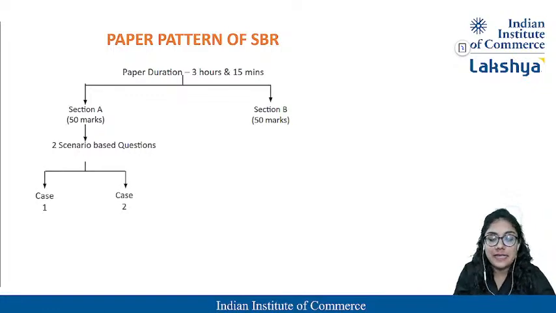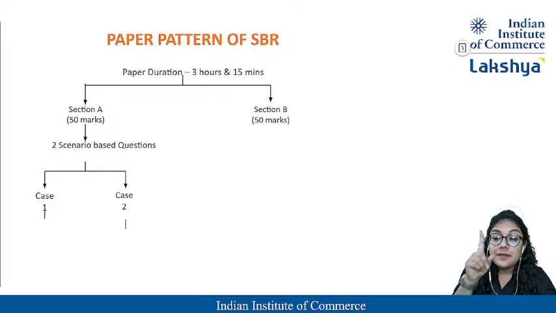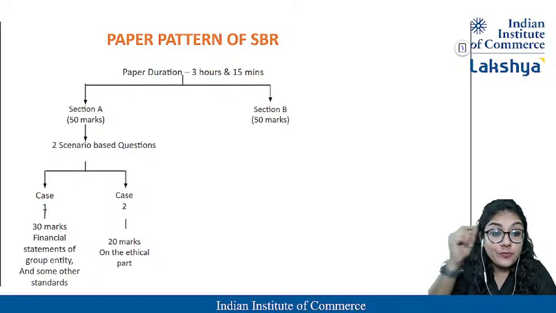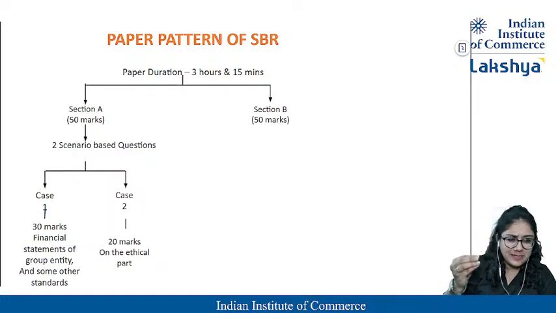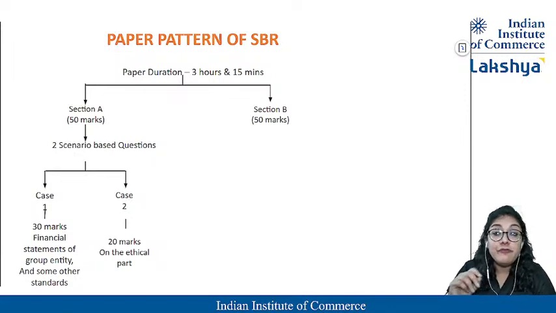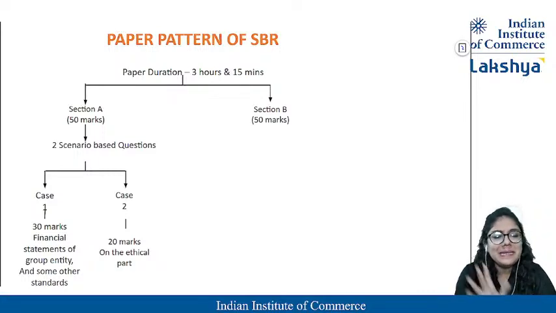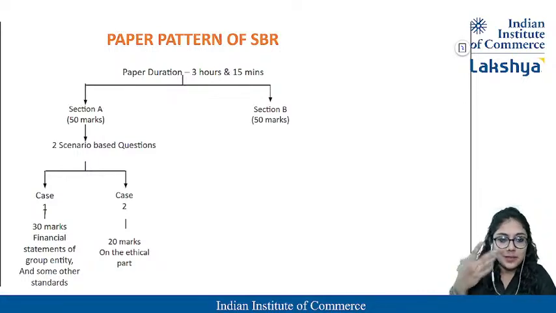The first scenario will be bifurcated into 30 marks, of which 10 to 14 marks, approximately, will be on the financial statements of consolidation. The remaining can be tested from other standards.